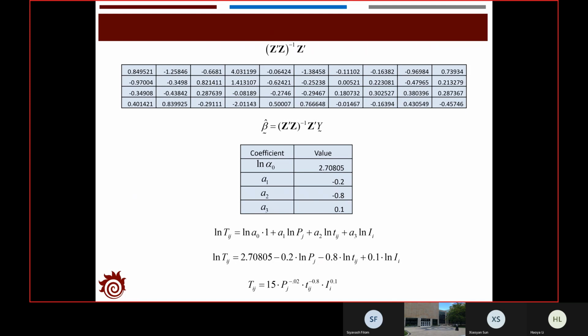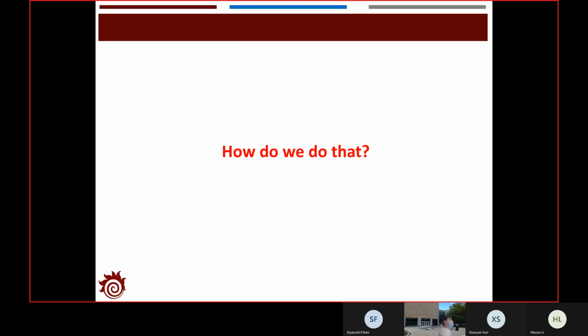I guess there will be something wrong there. So that's Tij. This is the model we calibrated, which shows how we estimate the trips from location I to location J. And now that we have the model, we need to think about how we're going to use it to estimate the trips from A to B.